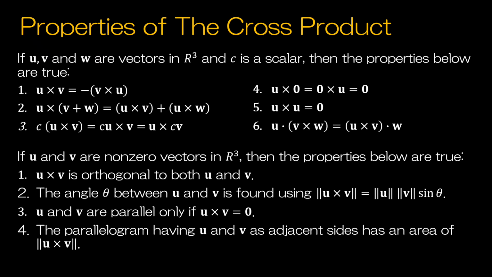U cross V is orthogonal to both U and V. The angle theta between U and V is found using the magnitude of U cross V, which is the magnitude of U times the magnitude of V times sine theta. U and V are parallel only if U cross V is equal to 0. And the parallelogram having U and V as adjacent sides has an area of the magnitude of U cross V, and we're going to use that one now in an example.